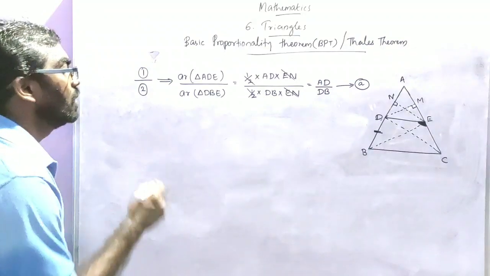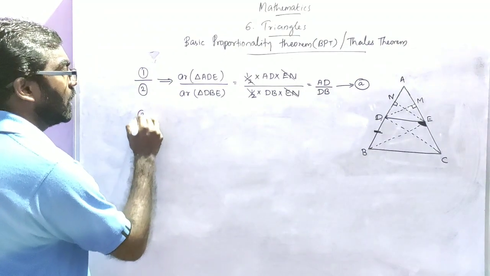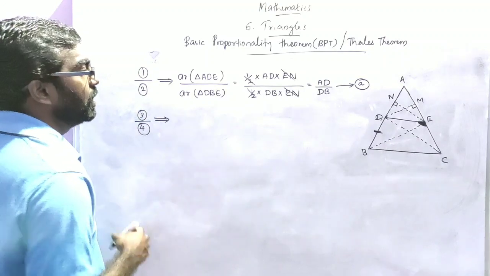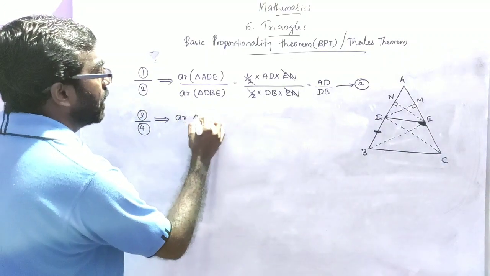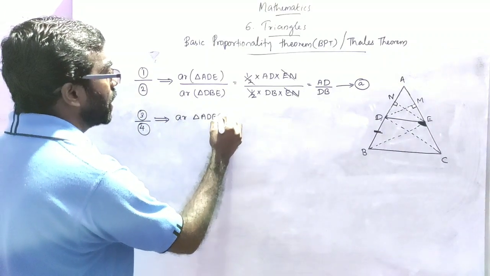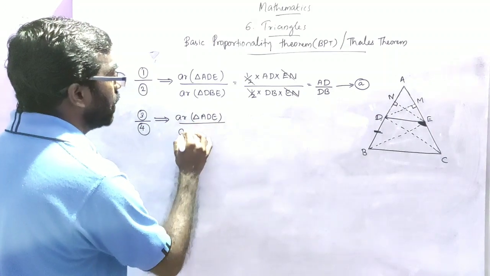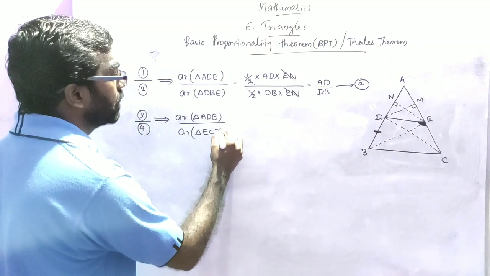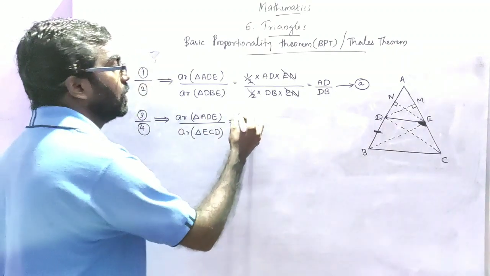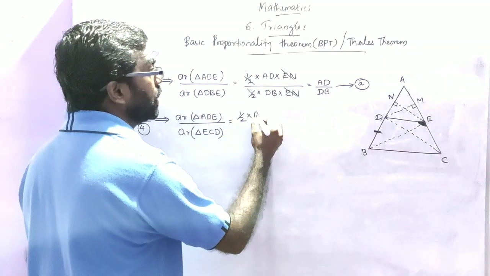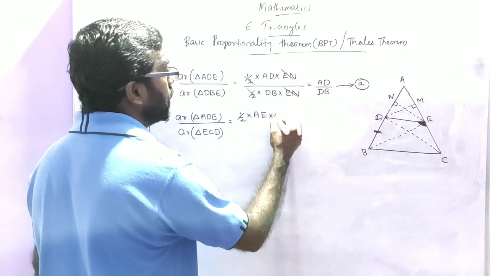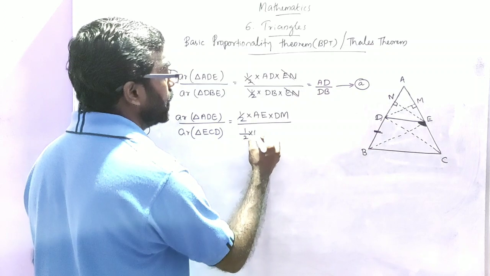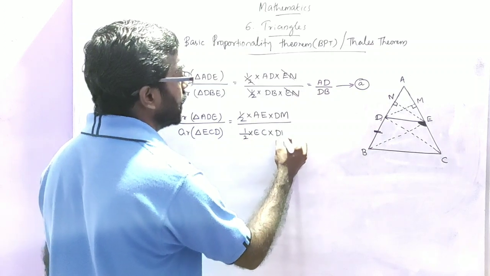Okay, and next is equation 3 divided by equation 4, which implies area of triangle ADE divided by area of triangle ECD, which is equal to half into AE into DM divided by half into EC into DM.